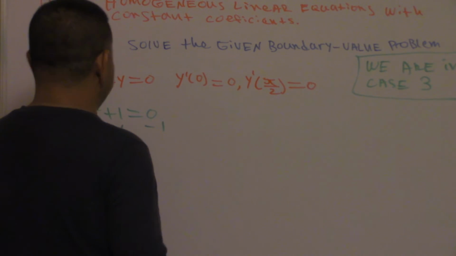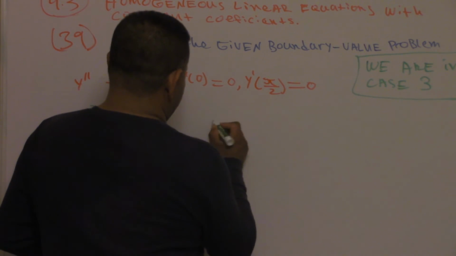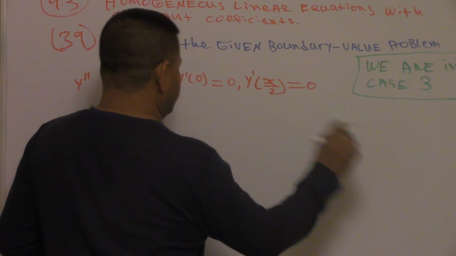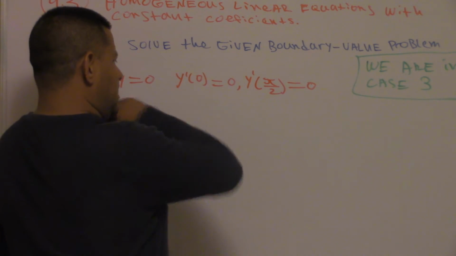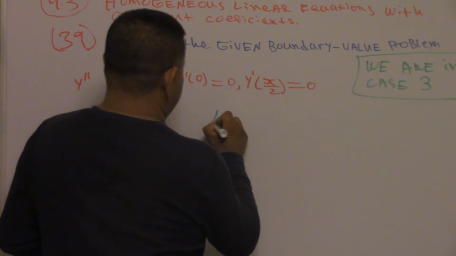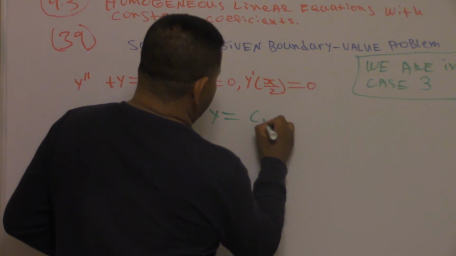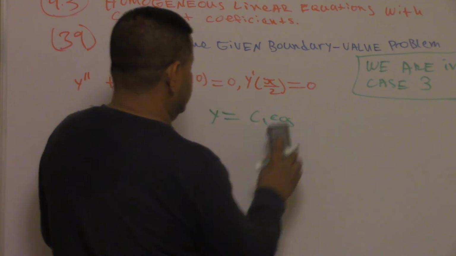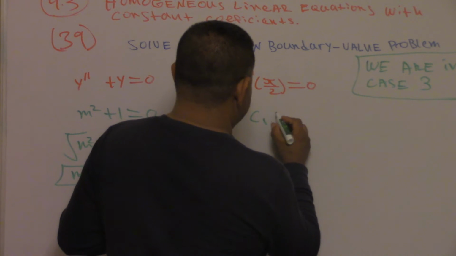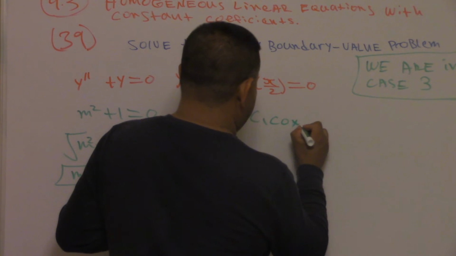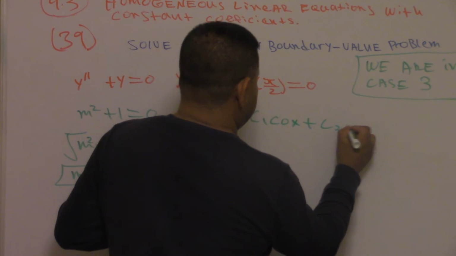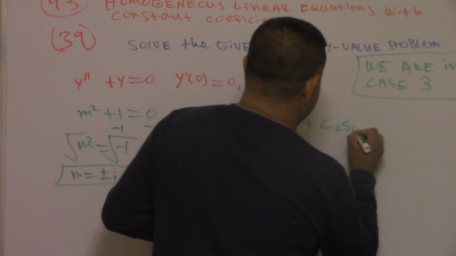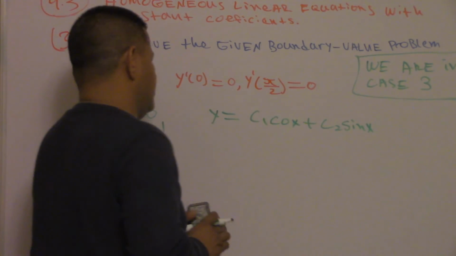Because alpha is 0, the general solution is just C1 cosine of x plus C2 sine of x.